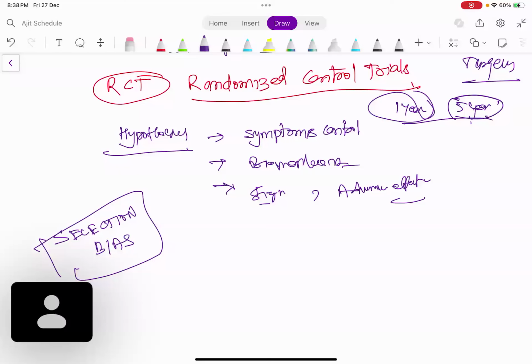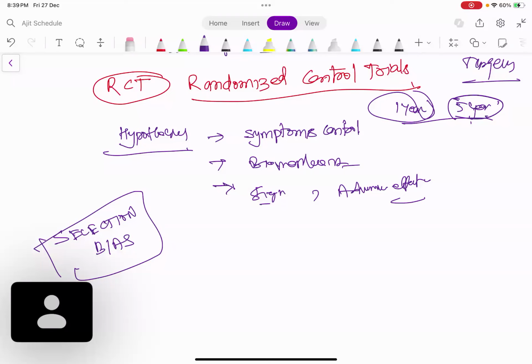Do you understand what I'm saying? You will be deciding and assigning the drug according to whether people are at high risk or low risk. That will be a perfect case of selection bias, which we don't want.